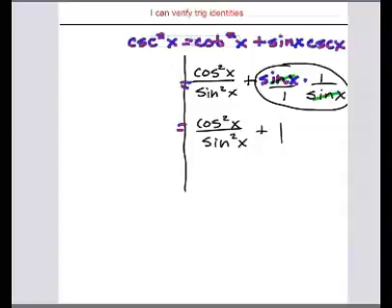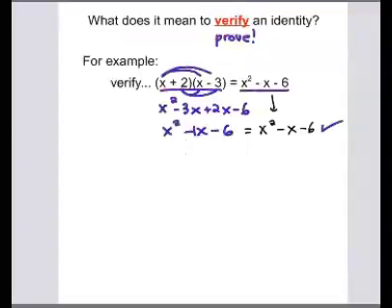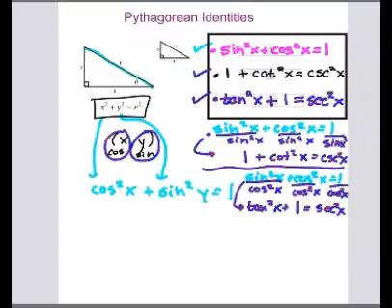So maybe now I'm going to look at, I've got that cosecant on the other side. That maybe looks a little familiar. I'm just going to look back at those identities and see if this helps. Cosecant squared is equal to 1 plus the cotangent squared. Okay, let's see if that helps.